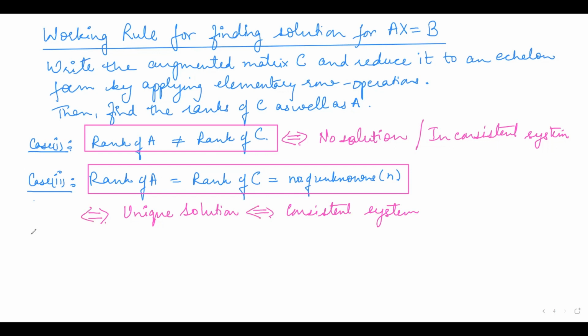Then case 3, it could be that the ranks are equal. The rank of A is equal to the rank of C, but it is not equal to the number of unknowns. So it could be less than the number of unknowns. Then in this case, we will have the infinite solution case.